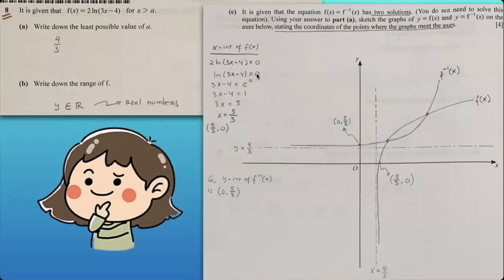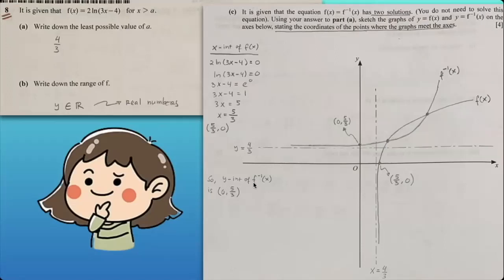So e to the power of 0, put it there, is equal to 3x minus 4. E to the power of 0 is equal to 1. And then we can find x. Therefore, this is the coordinate of x-intercept. We don't have y-intercept of f of x because this is the least possible value of a. X must be bigger than this, so we don't have y-intercept.